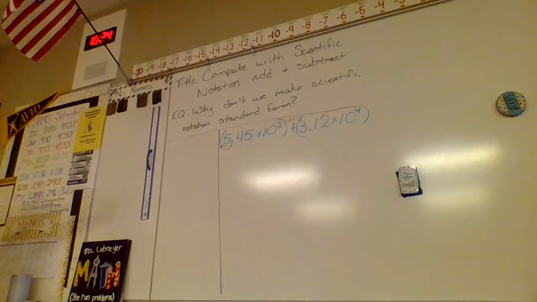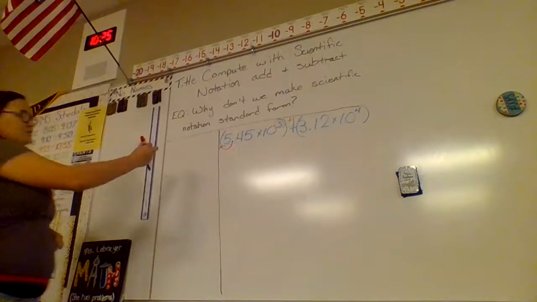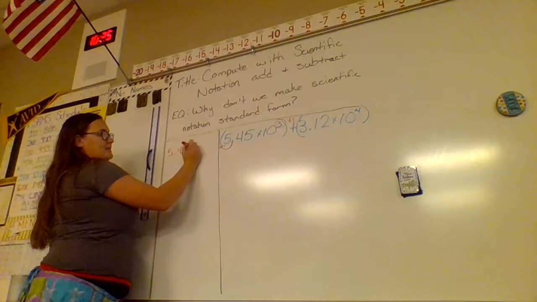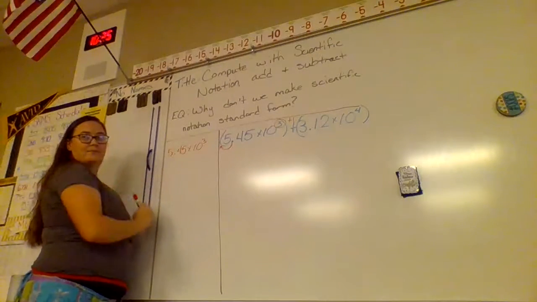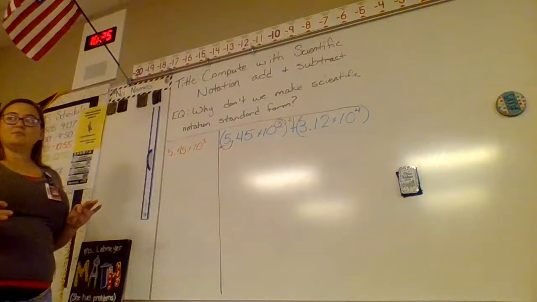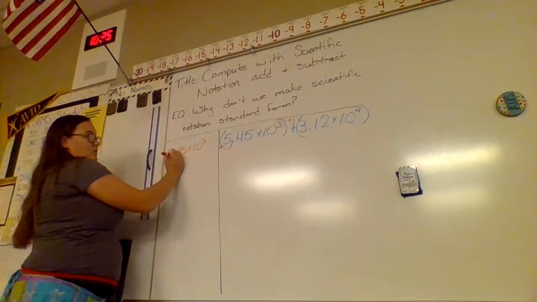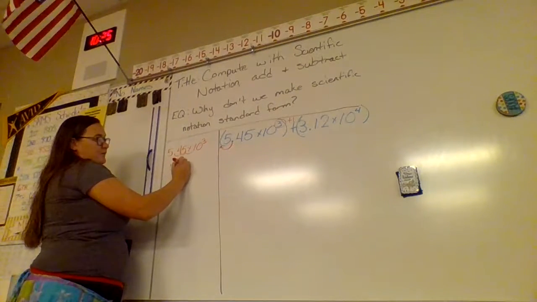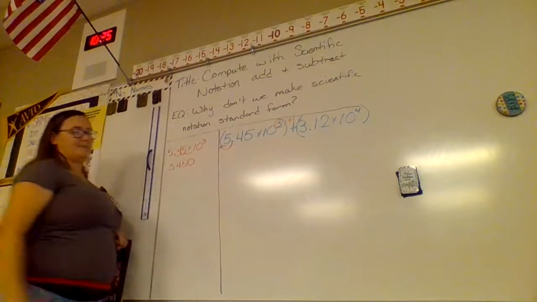And okay, I'm going to show you on the side. So this right here, you have 5.45 times 10 to the third, right? To make this into standard form, what would you do? 1, 2, 3, right? So that's 5,450.